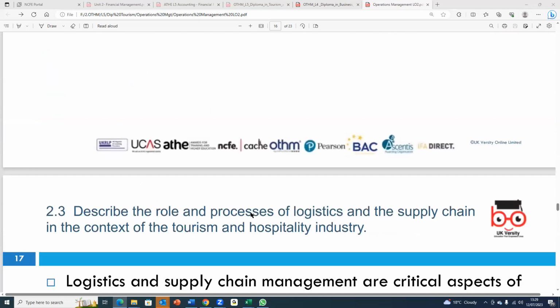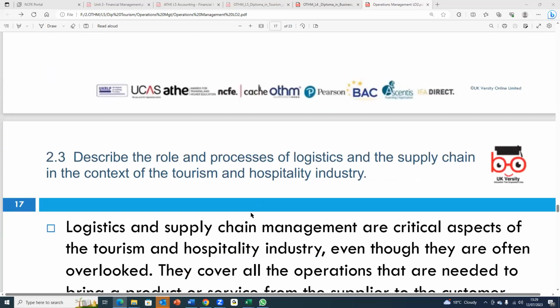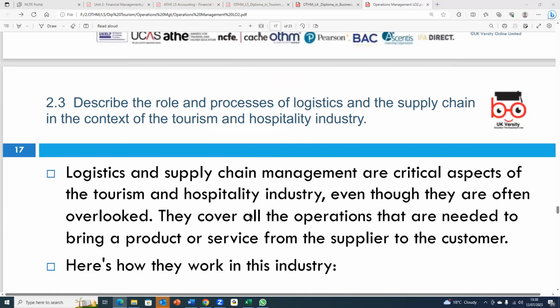Okay. Going on to 2.3, which says, looking at the role and processes of logistics and the supply chain in the context of the tourism industry. So what we need to do here is look at the role and process of logistics, which is to do with transportation and the movement of goods and services, and supply chain management.